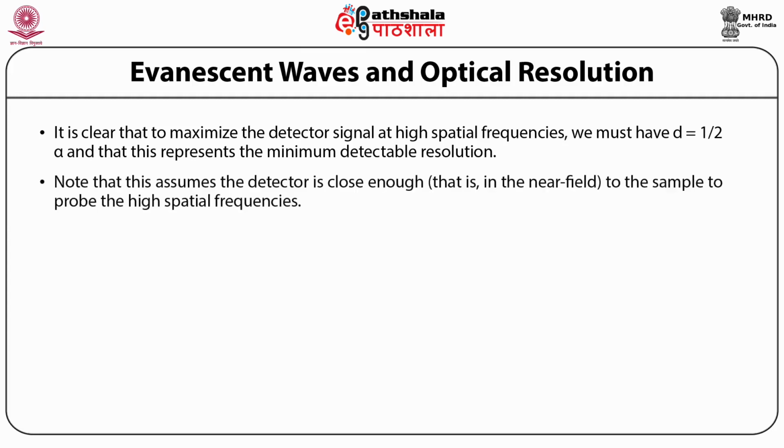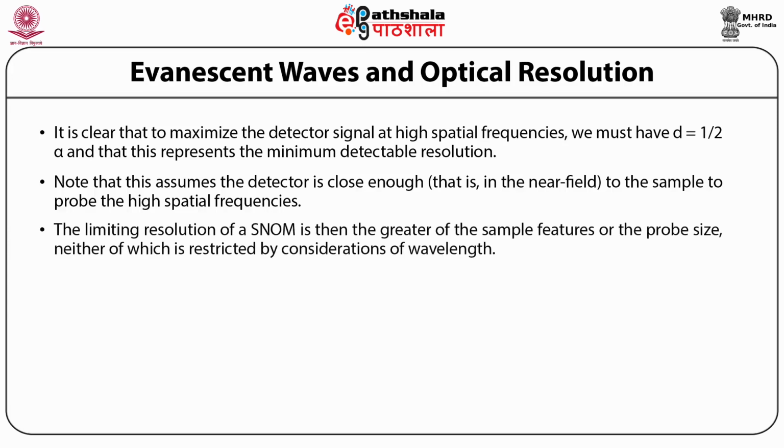Note that this assumes the detector is close enough, that is, in the near field of the sample, to probe the high spatial frequencies. The limiting resolution of a SNOM is then the greater of the sample features or the probe size, neither of which is restricted by considerations of wavelength.